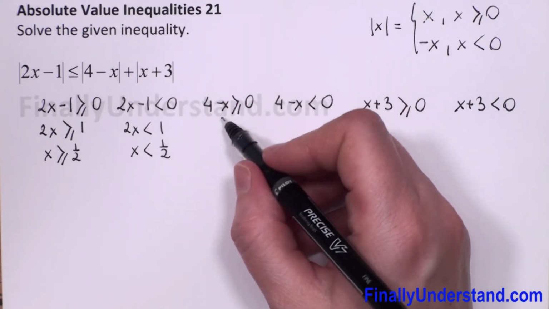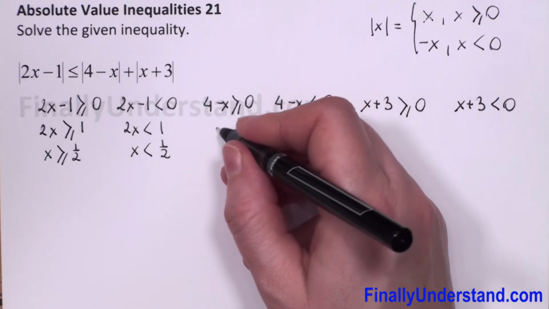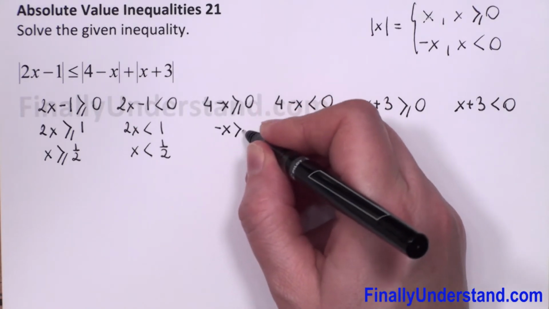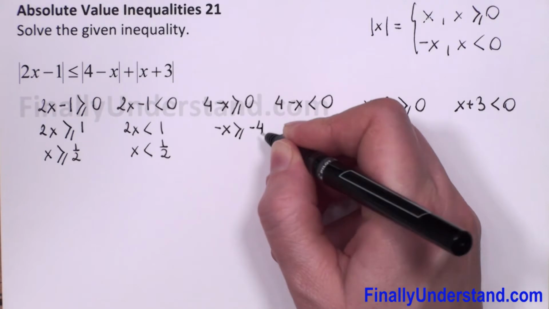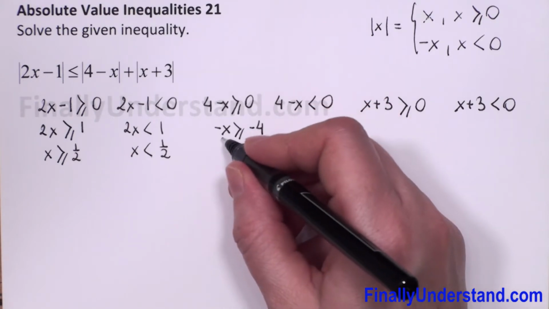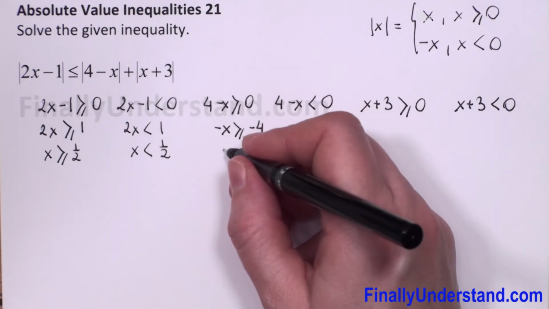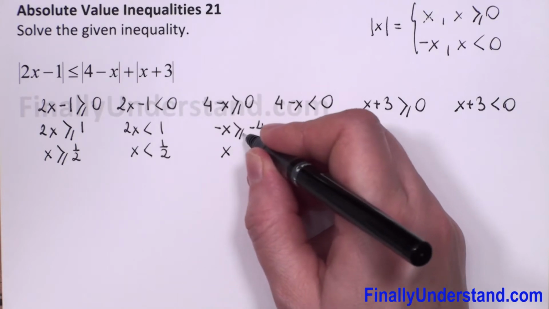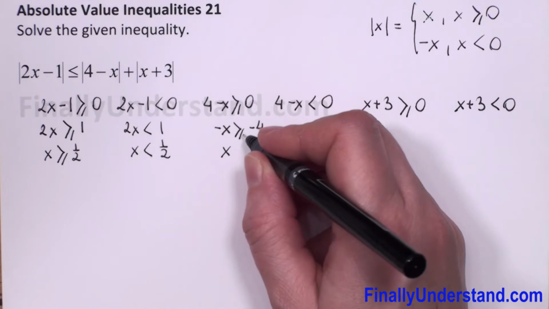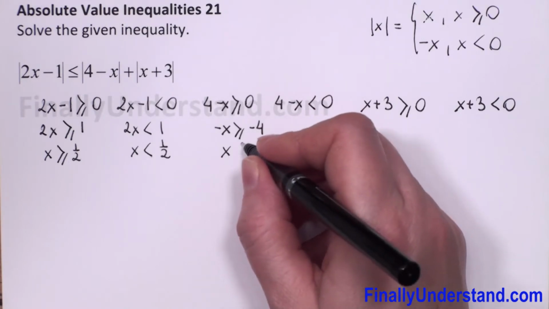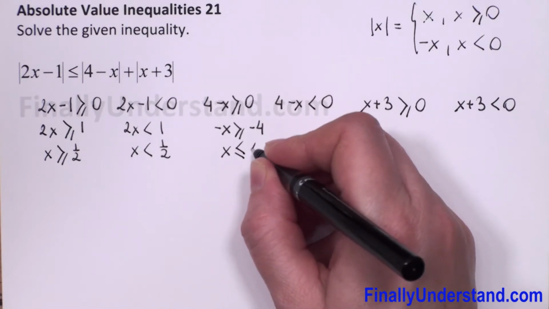I will move 4 to the right side, so we have negative x is greater than or equal to negative 4. I will divide both sides by negative 1, and because I divide both sides by negative 1, I have to change the direction of our inequality, so it will be x is less than or equal to 4.